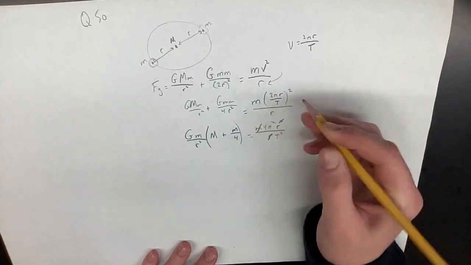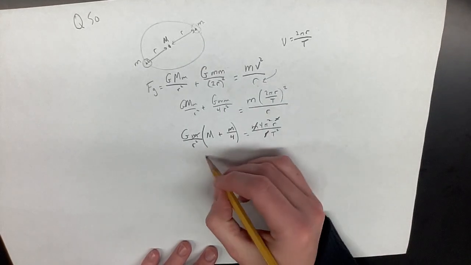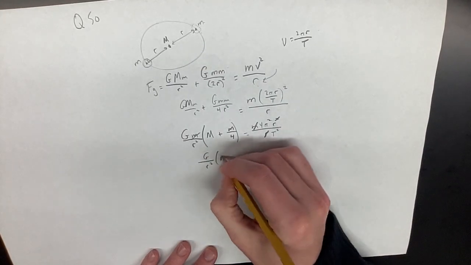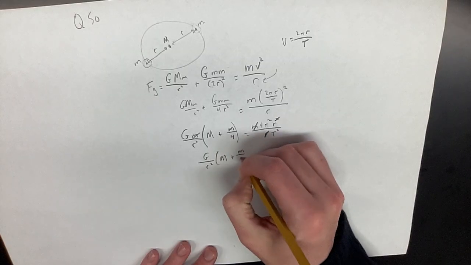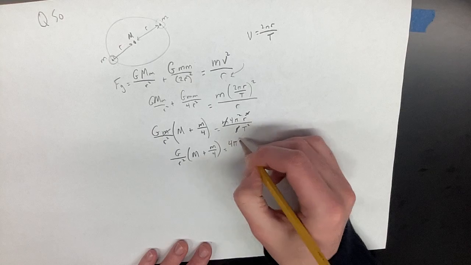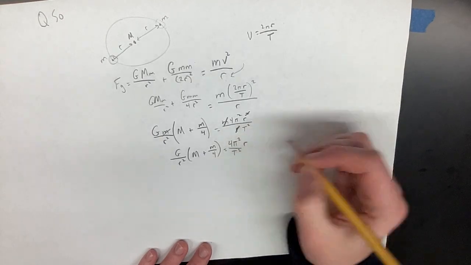Conveniently, I've got a little m that will cancel. So I've got G over r squared times (M plus little m over 4) equals 4 pi squared over T squared times little r.